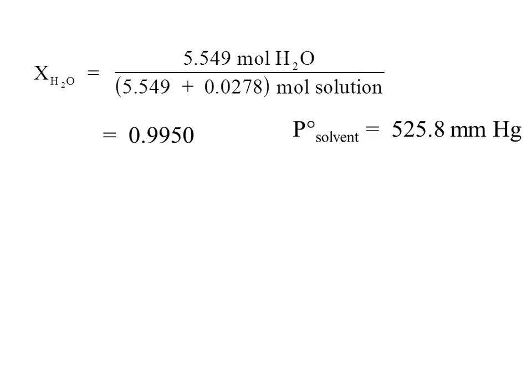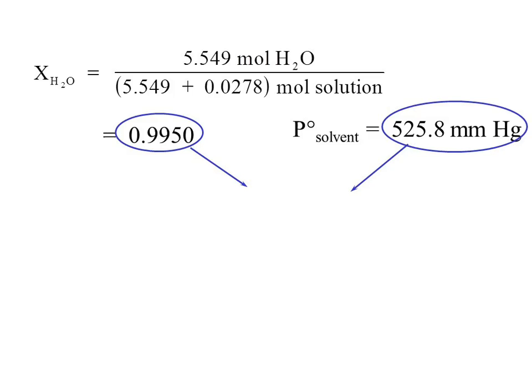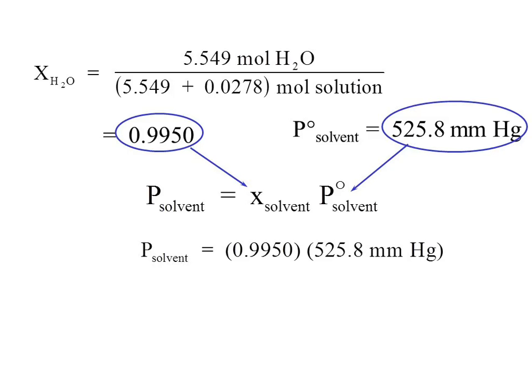So then all we got to do is plug in. So the equilibrium vapor pressure of the solution is equal to that mole fraction, 0.9950, times P naught, which is 525.8 millimeters of mercury. Round to 4 significant figures, and that's it. 523.2 millimeters of mercury. It never hurts to take one more look at it.